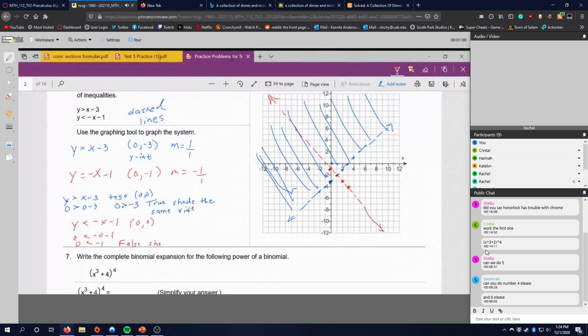So I want to shade the other side of the red line. Here's the test point, so that means I want to shade this side. If I use a different color, all of this part is where they intersect.